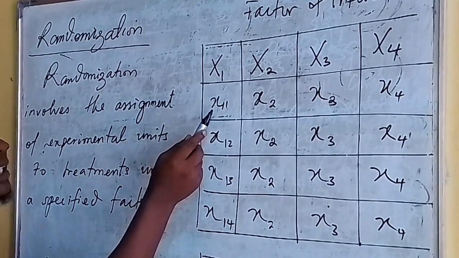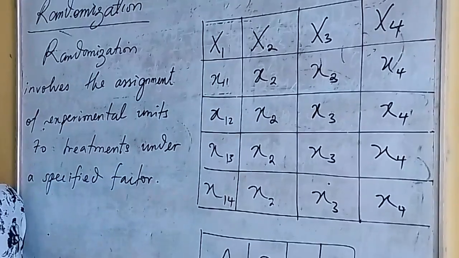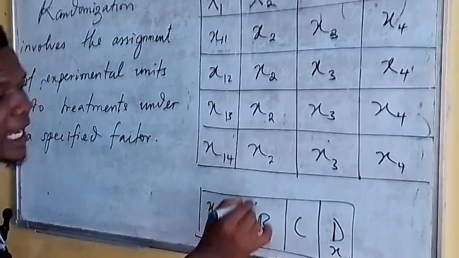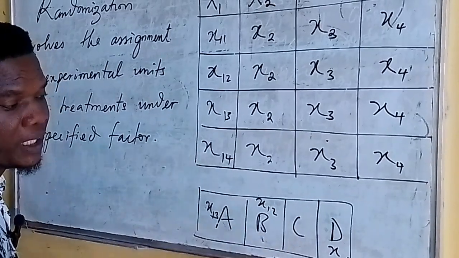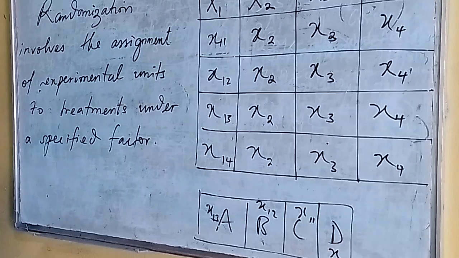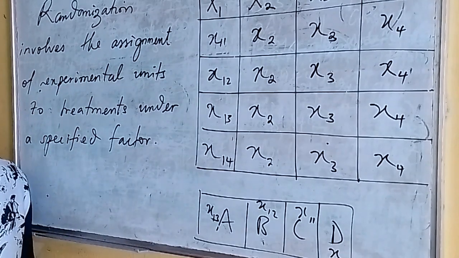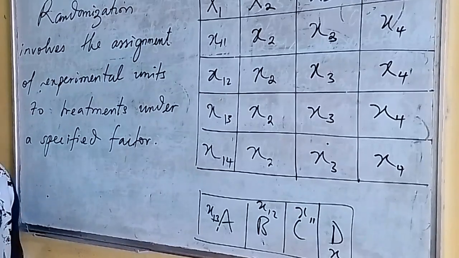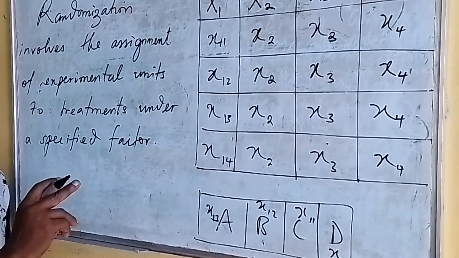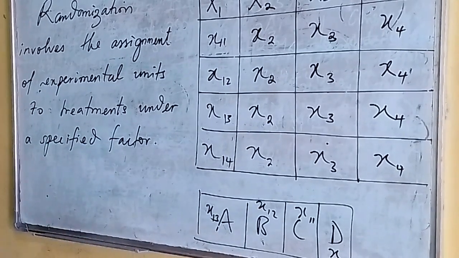At the end of the day, x11 could be D if you randomize, and x13 could be A, x12 could be B, and x11 could be C. You see it? So randomization means no sentiment-based selection of the experimental units, no bias-based assignment of the experimental units to what? Treatment. You get me? So I hope that is clear enough.